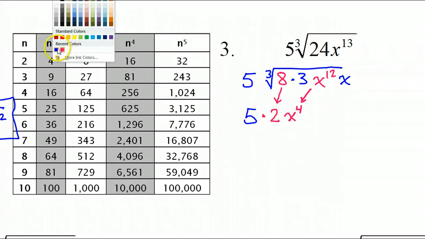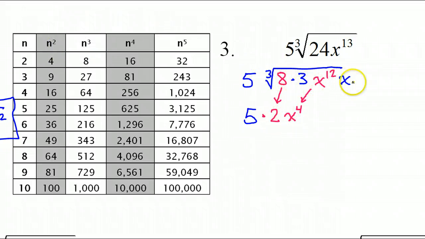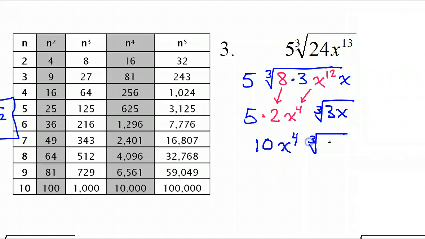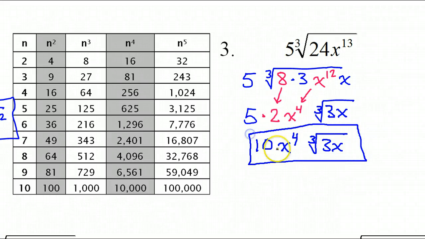Now everything else in blue, the 3 and the x, are going to stay under the radical. Please don't forget that it's cube root. So I have the cube root of 3x. Only thing left to do is to multiply 5 times 2. So I will have 10 x to the 4th power times the cube root of 3x. So this will be your final answer for number 3.